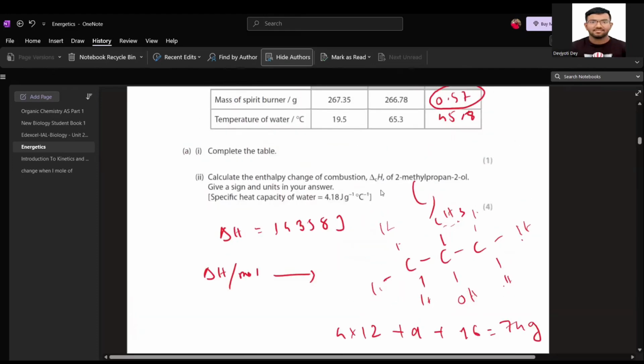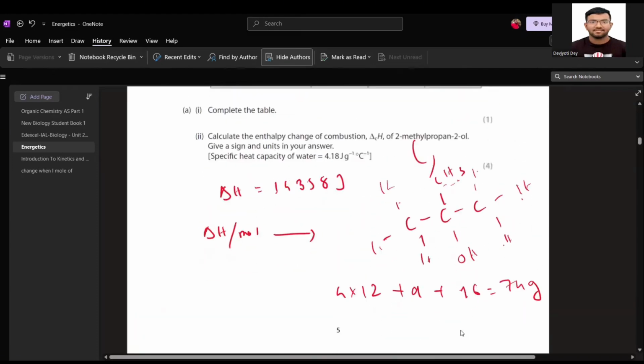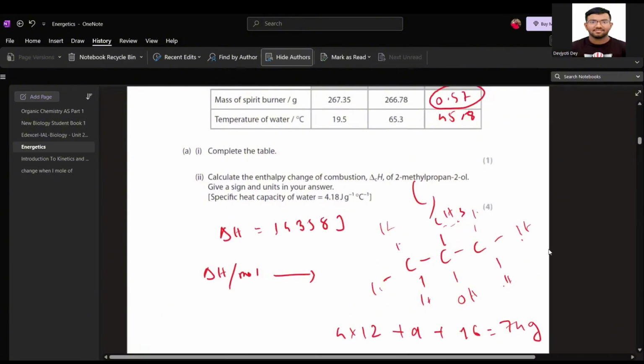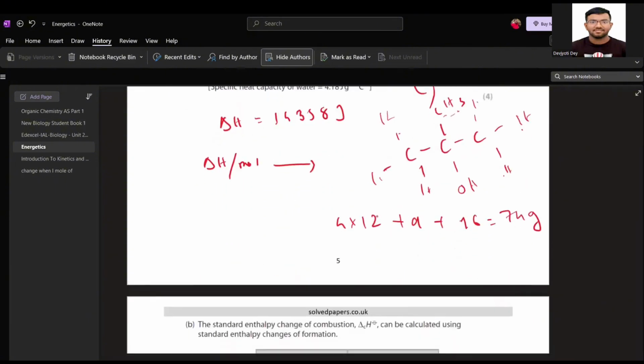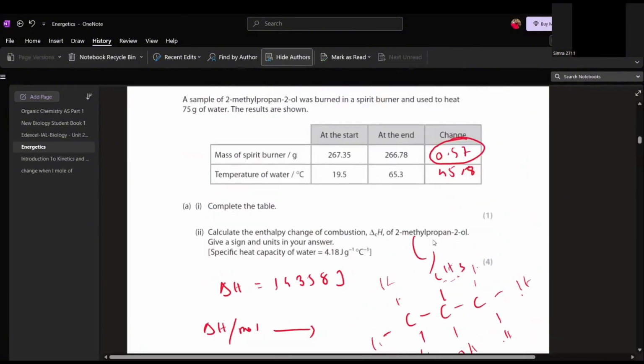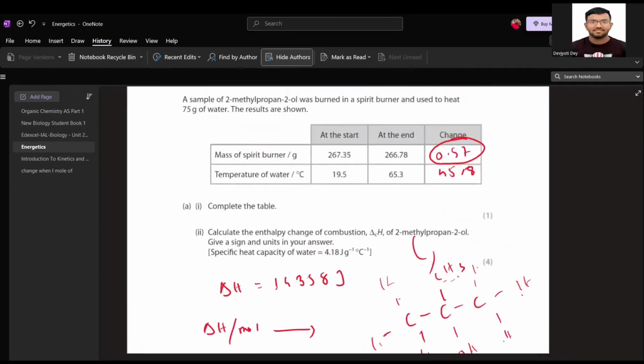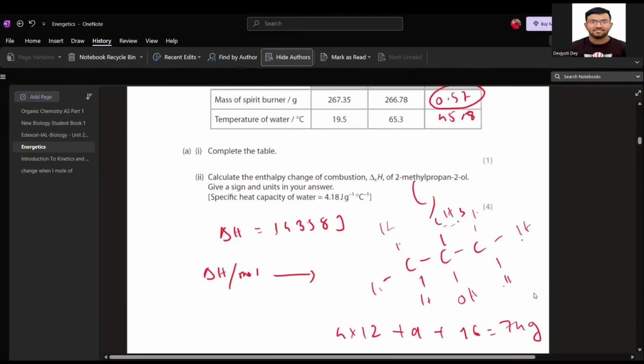2-methyl propan-2-ol. No, the number of hydrogen is 10.